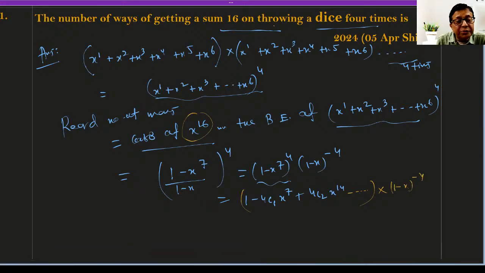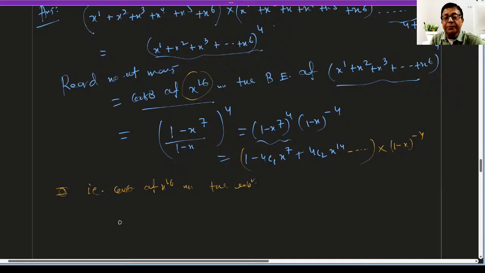So what you are going to do right here again? To find the coefficient of x to the power 16 in the expansion of this thing, finally I am writing again. 4C2 is 6.